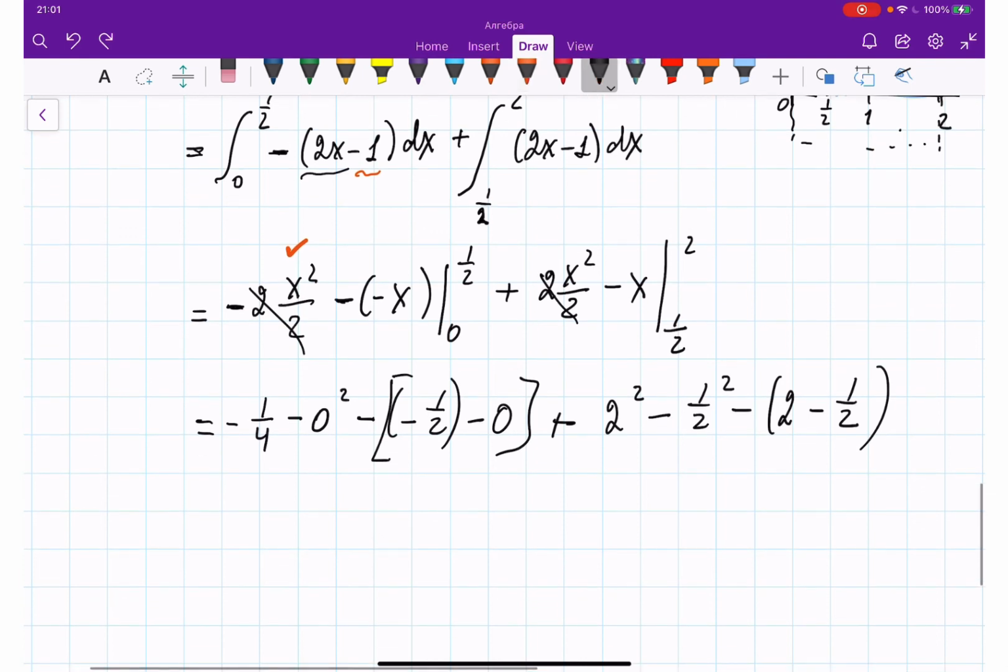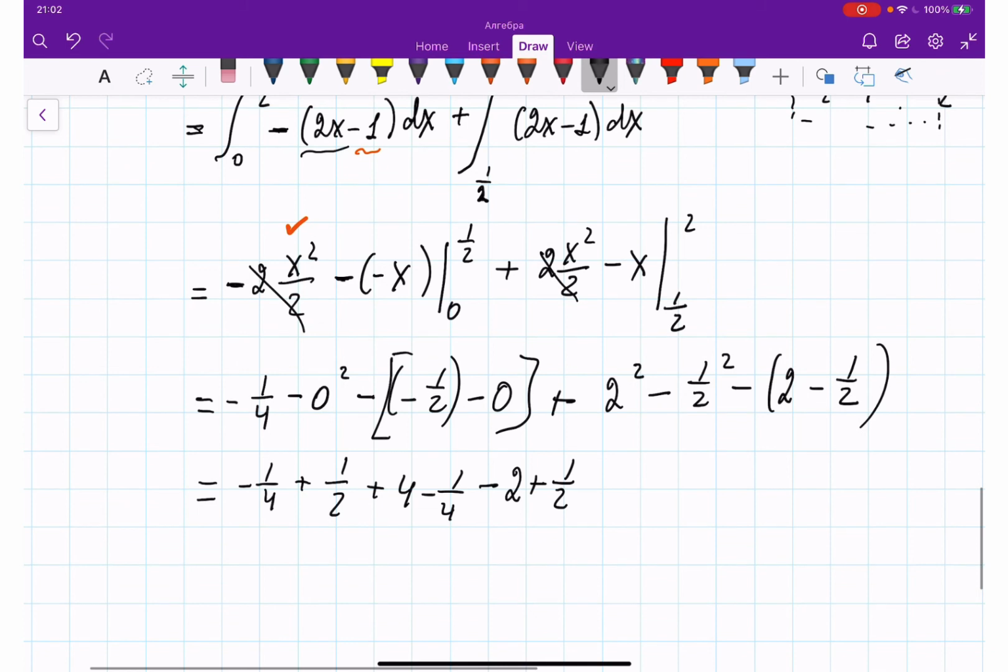So let's now solve it, see what we are going to get. We are getting negative 1/4 plus 1/2, and then we are getting what? Plus 4 minus 1/4 minus 2 plus 1/2. Yes? Okay. So what do we have?